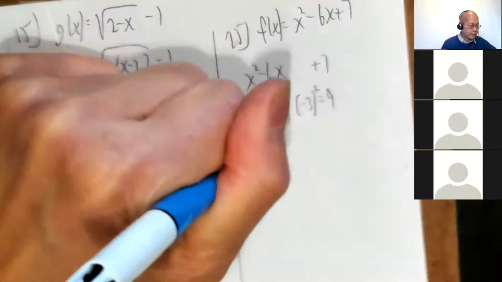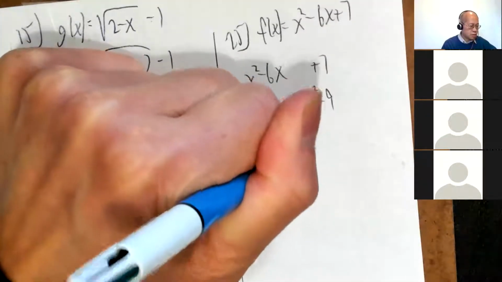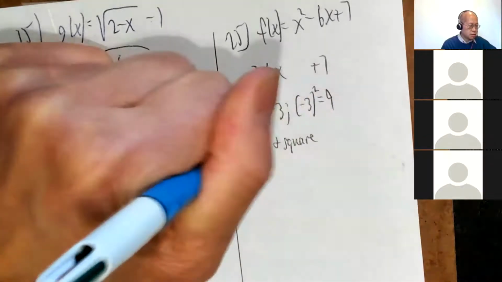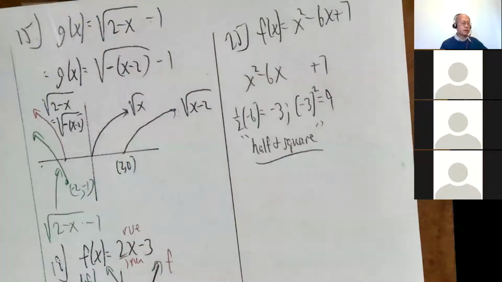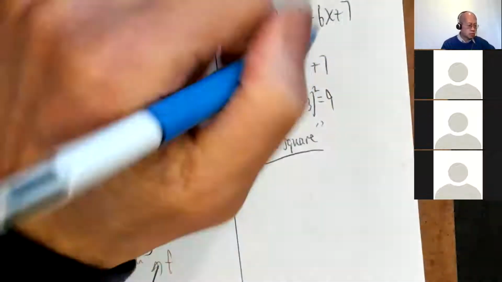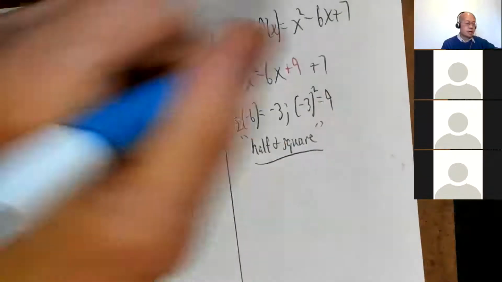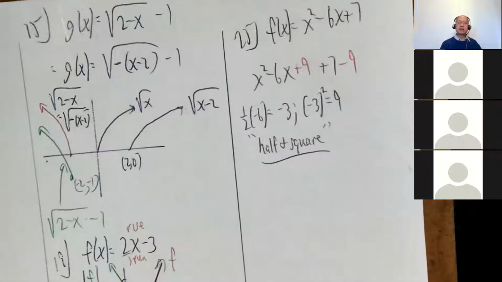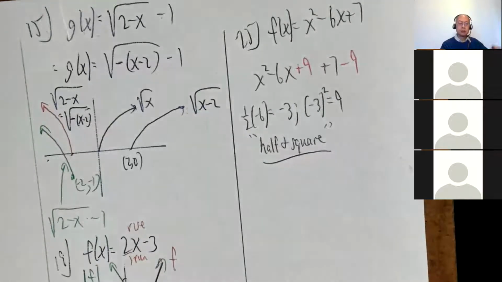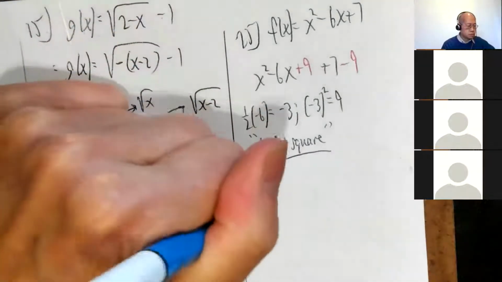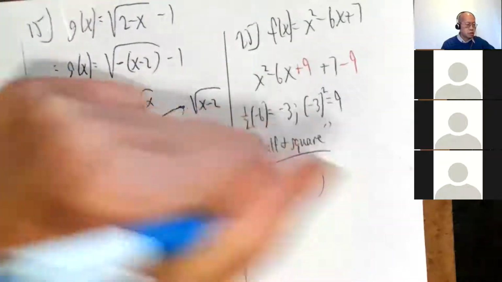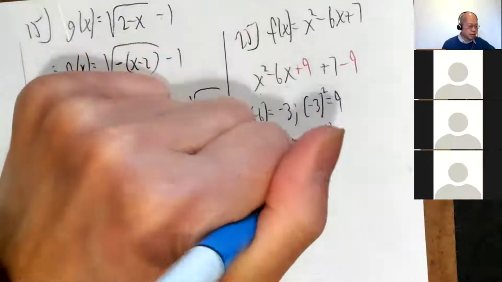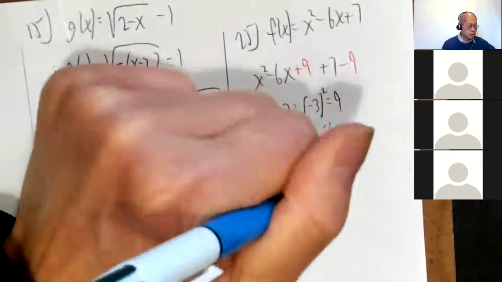Okay, so remember it's half, then square. So plus 9 to balance it, -9. So this now factors into x minus 3 squared minus 2.